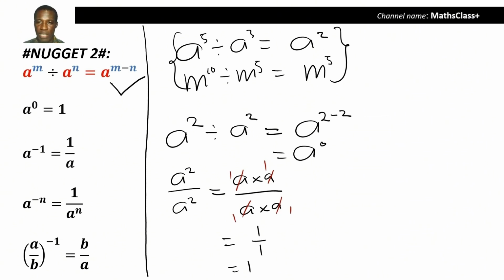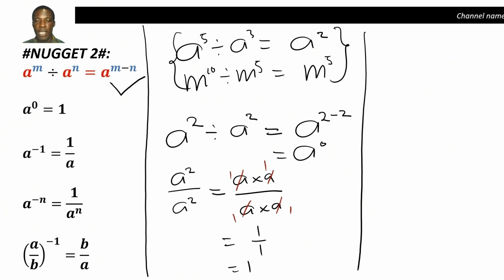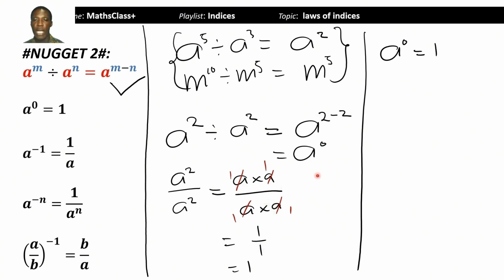Okay, so what that means is that a to the power 0 is the same as 1, because a to the power 2 minus 2 gives us a to the power 0, and the same expression gives us 1. So we can conclude that a to the power 0 is equal to 1.